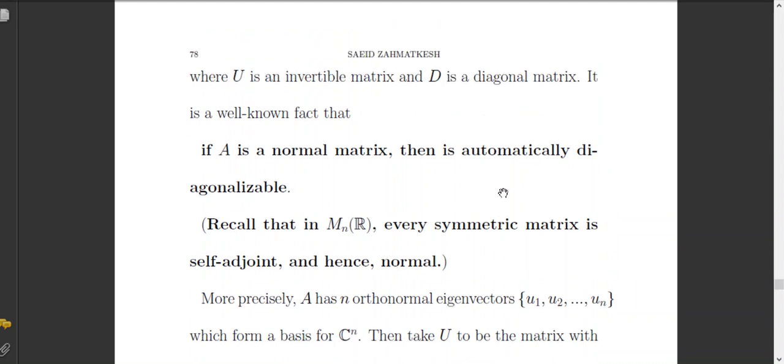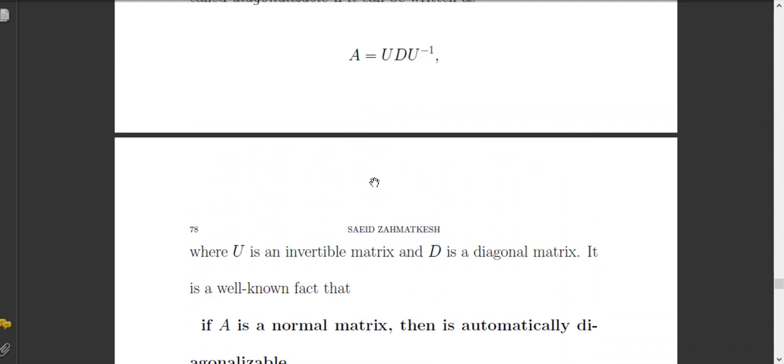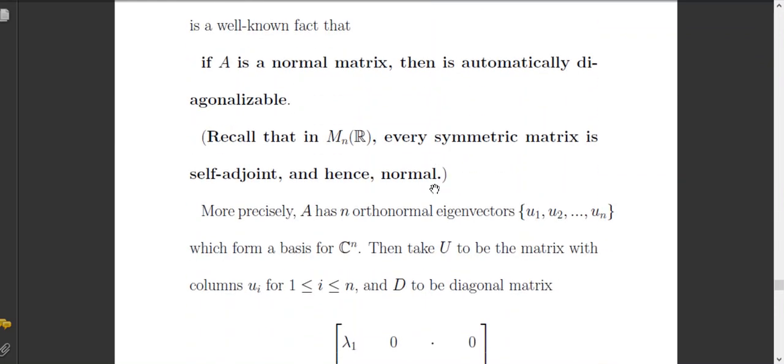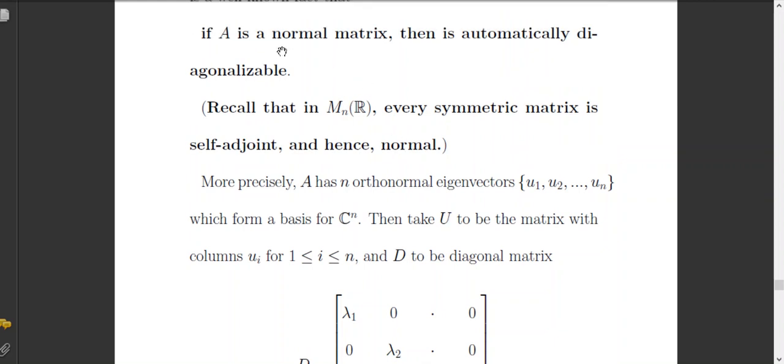So we said that if A is a normal matrix, then it is automatically diagonalizable. It means it can be written in this form, U D U inverse. Now what is the matrix U and what is the matrix D here? It is well known from linear algebra that when A is a normal matrix, then A has n orthonormal eigenvectors U1, U2 up to Un.